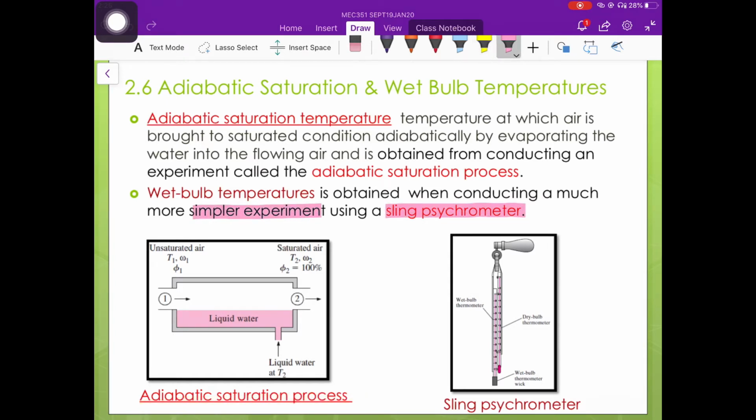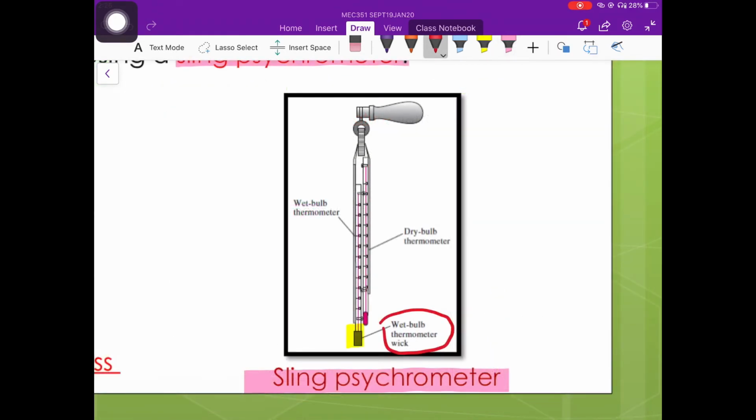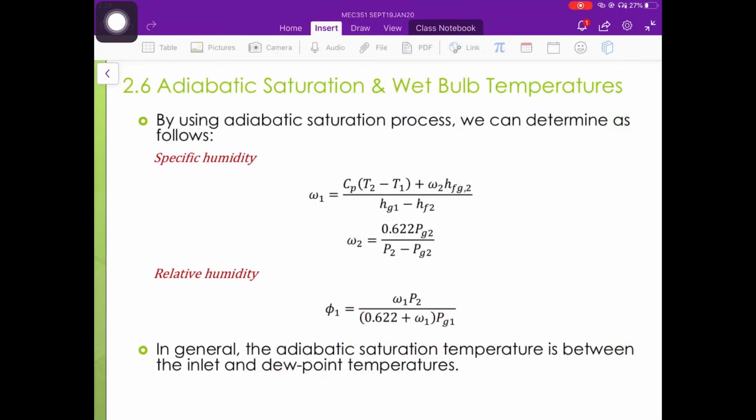Therefore, a simpler experiment is conducted in order for us to obtain the values for wet bulb temperature, for example, by using a sling psychrometer, where the wet bulb thermometer will be attached with a wet wick or wet cotton. By using the adiabatic saturation process, we can determine the specific humidity and also the relative humidity as follows.